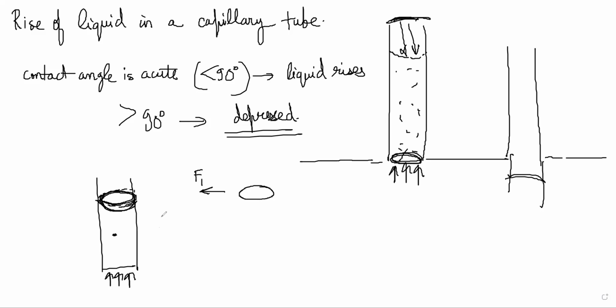Actually, the liquid surface is depressed like this. Even though it touches here, it is not filled to the brim. So that angle is theta, the angle of the tangent.